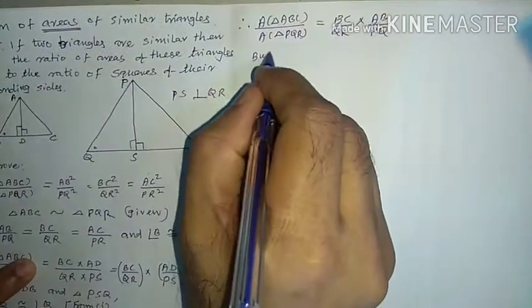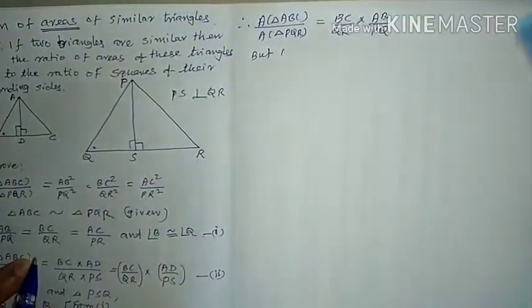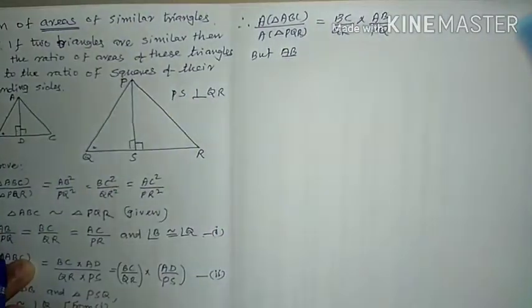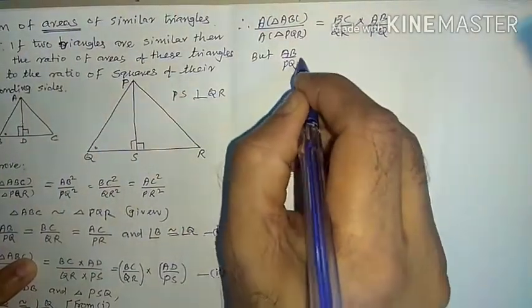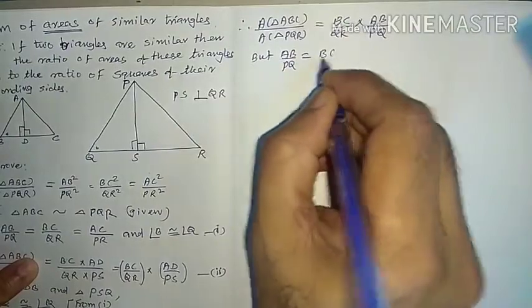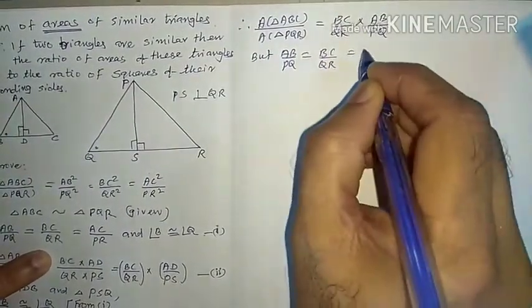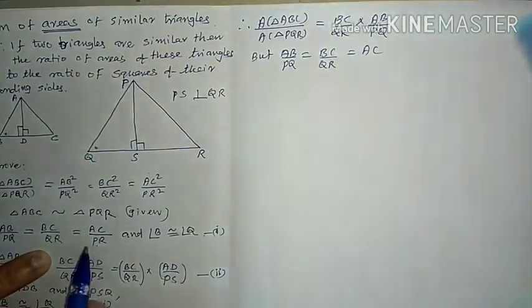But from this one, AB upon PQ equal to BC upon QR equal to AC upon PR.